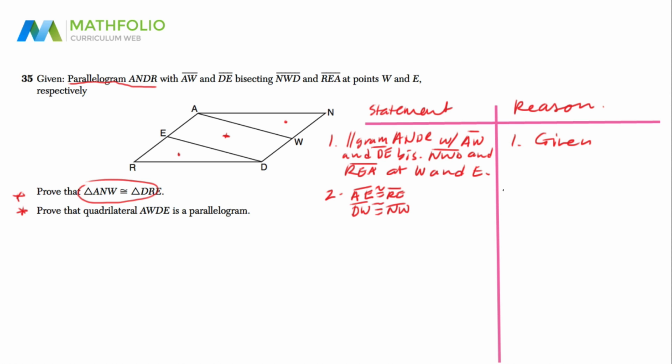And we can just put for this number 2, definition of bisects. Something else that we can say right now is that AN, which is the top segment up here, is congruent to RD.